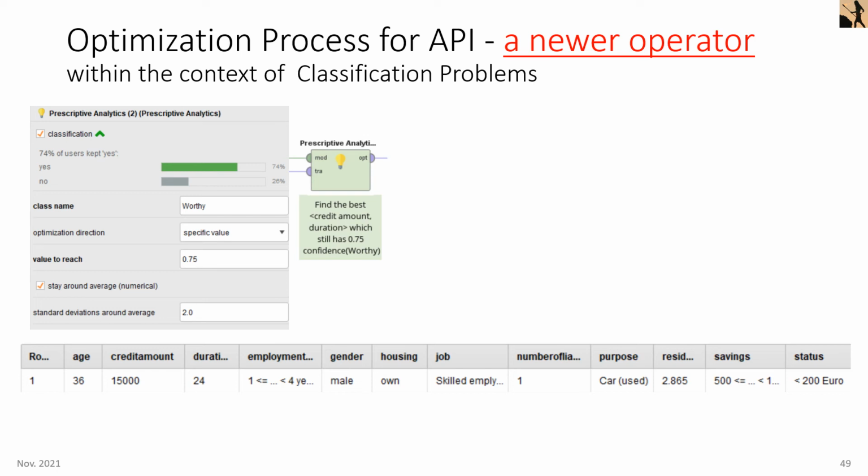Okay, so for example, we would like to set the value to reach as 75. This is the tricky one, right? We want to set the value at 75%. And what's the value? We are talking about the worthiness, right? The confidence level for worthiness. So around the average, we just allow about 2 standard deviations for us to move around to search for the optimized value.